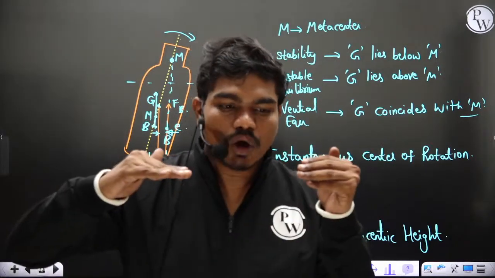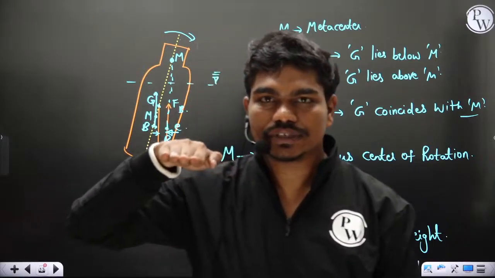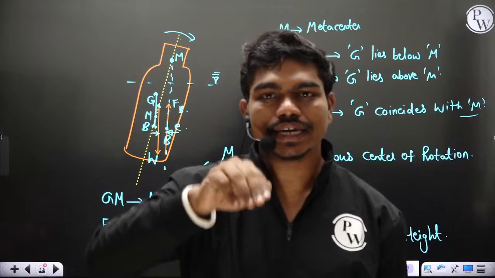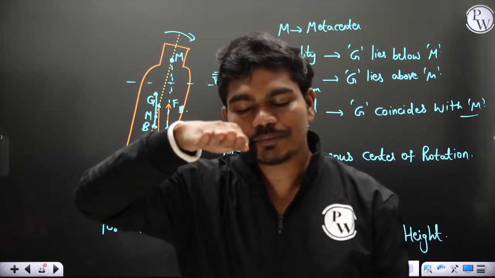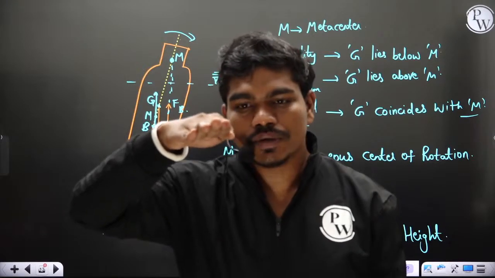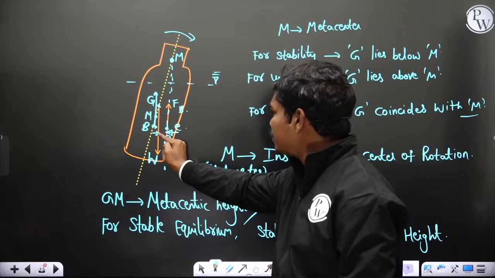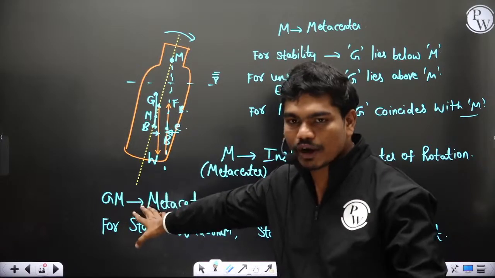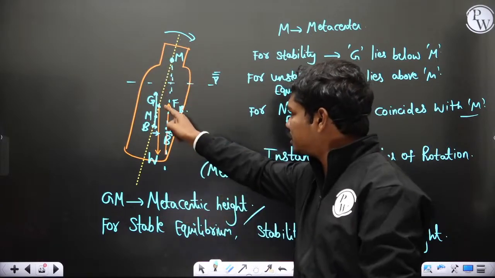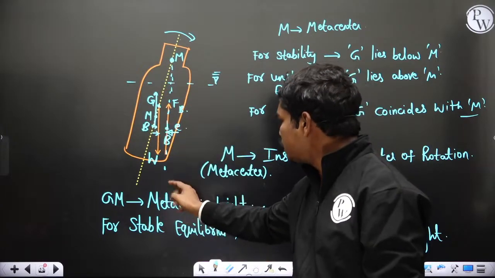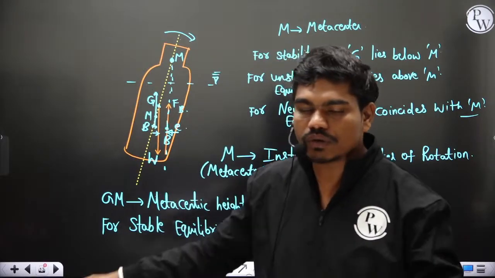If a small wave comes and hits the ship, moving in this direction, the ship gets tilted slightly. When the ship gets tilted slightly, B displaces slightly, but of course we design the ship such that at any given time G lies slightly to the left. If you design the ship such that GM is always positive, it's in stable equilibrium, because you don't want the ship to collapse.